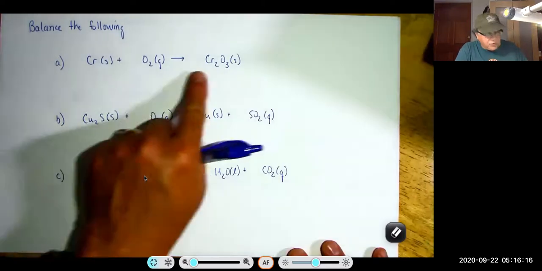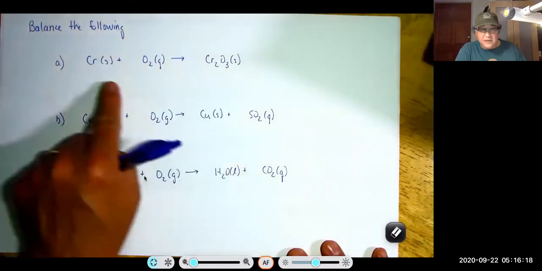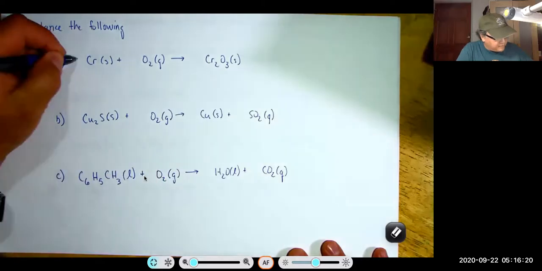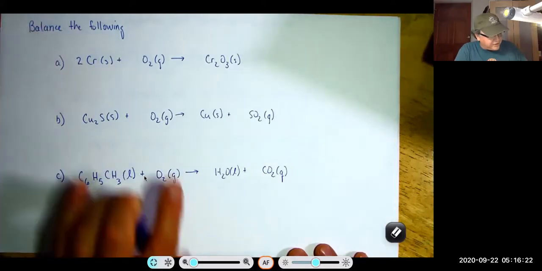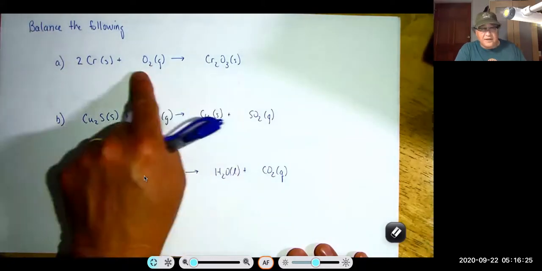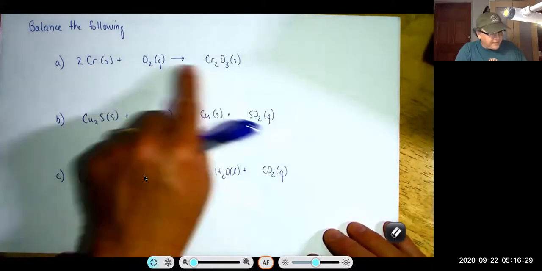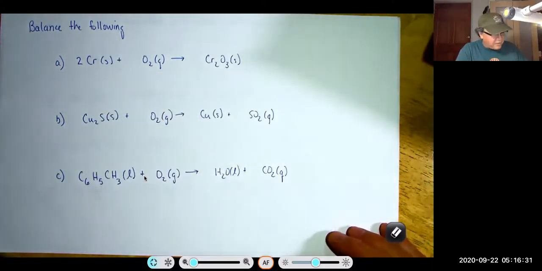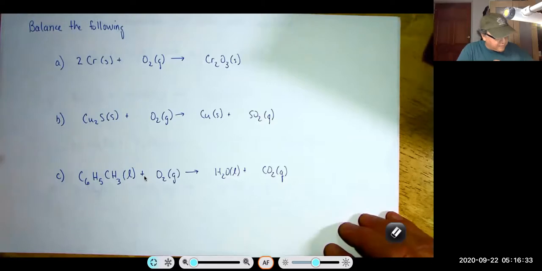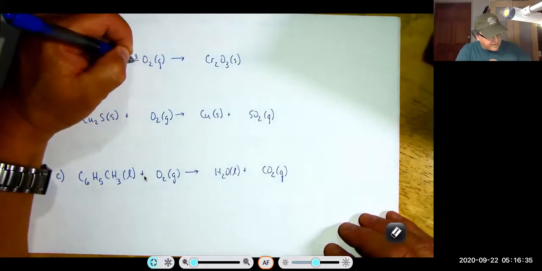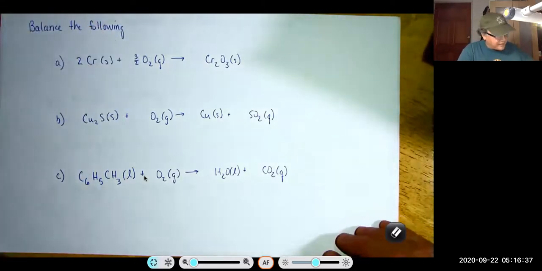You see how we have 2 chromiums here and 1 here? We'll put a 2 there. Now here you see we've got that even odd thing going on that kind of is hard to deal with. So we've got 2 and we've got 3. And so here, to get 3, I'm going to put 3 halves, because 3 halves times 2 is 3. Then I'll double everything.